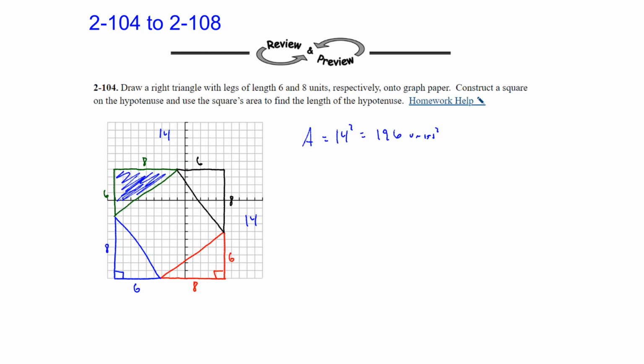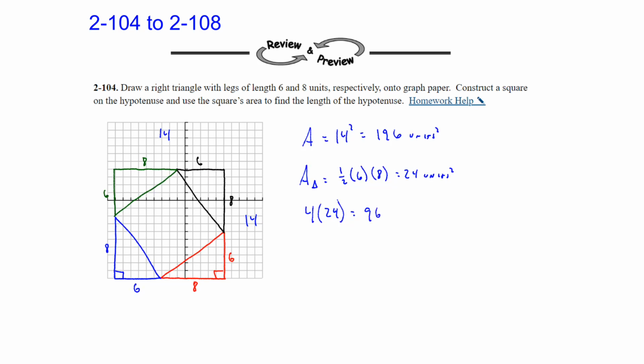So let me erase some of that. So now we're looking at the area for the triangles. So that's 1/2 base times height, and since it is a right triangle, the height does represent a side length. So that would be 24 units squared. Now that's just one triangle, so we're going to take 4 times 24, so that gives us the area of all 4 of them.